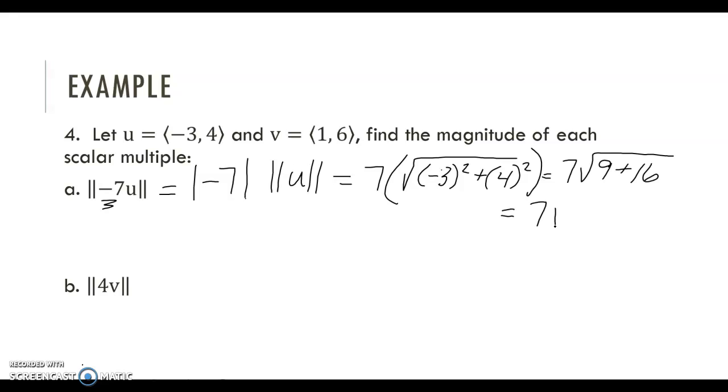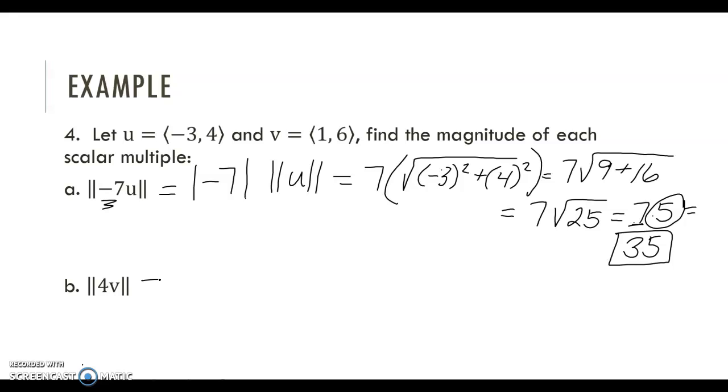So that gives me 7 times the square root of 25, and the square root of 25 is 5, so we get 7 times 5, which is 35. So notice that my answer here is just a number, because again, we're finding the length. The length of just vector u was 5, and then we multiplied it by that scalar of 7, so the length of -7u would be 35, okay?